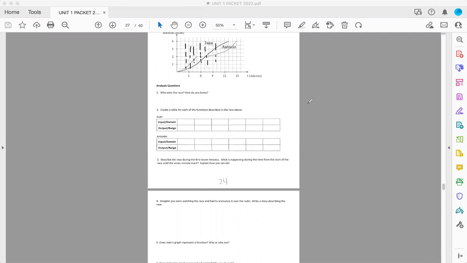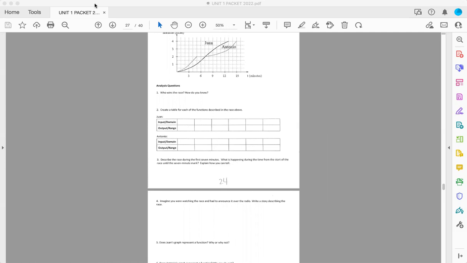Each one of them is a separate graph by itself. But if you draw a vertical line through either one of them, it doesn't cut at more than 2 points. So yes, they're both functions.